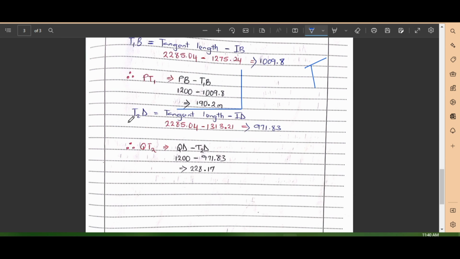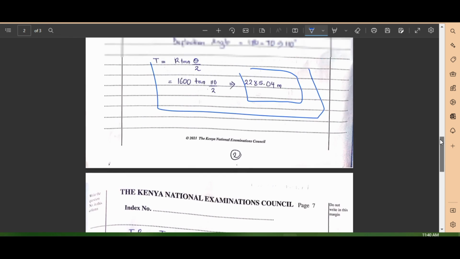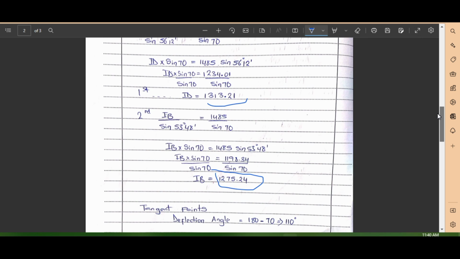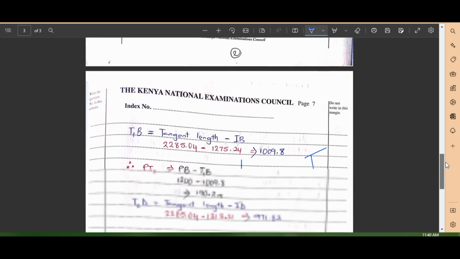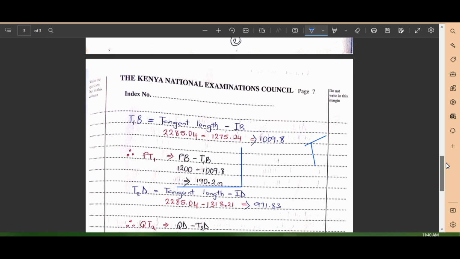So this distance will be PB. Here we will have already calculated that distance, and that distance is what we subtract. So 1200 minus the answer that we have there, and we repeat it to the next point and finish the values.